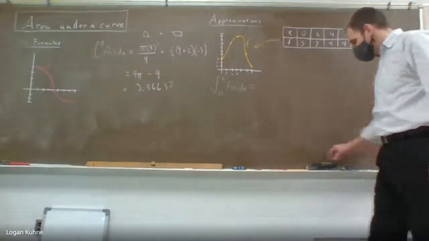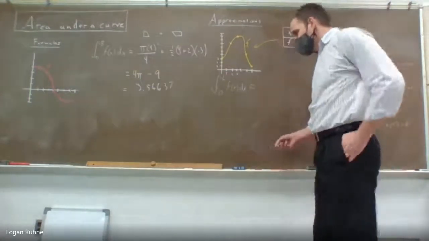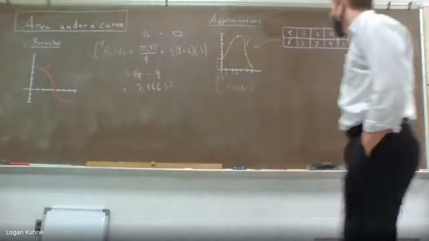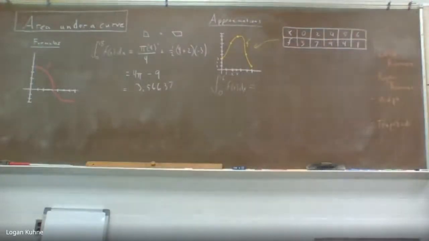So once upon a time, there was a mathematician named Riemann. He was German, and that's about all I know about him. Okay, that's the end of your history lesson. Well, he gets credit for this. Left Riemann sum is basically just telling you left rectangles. Okay? We're going to make rectangles starting on the left side.